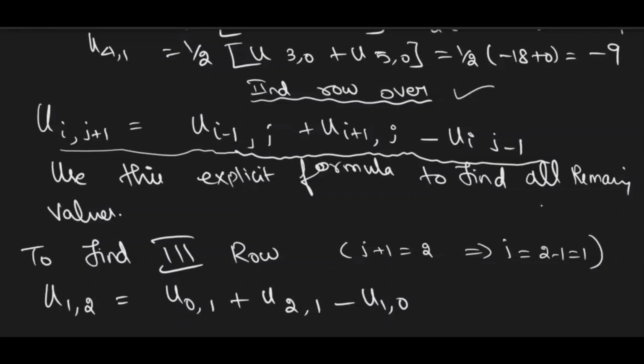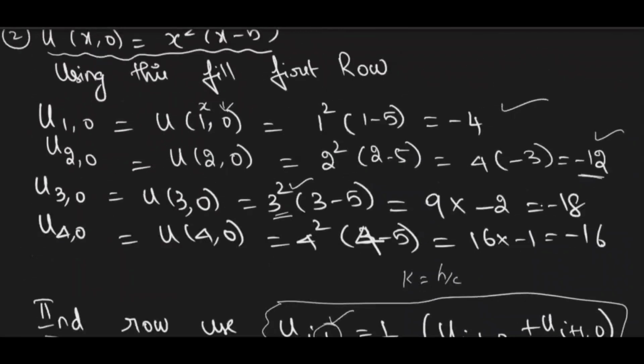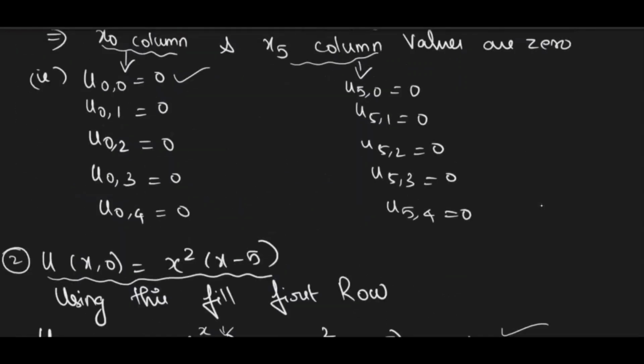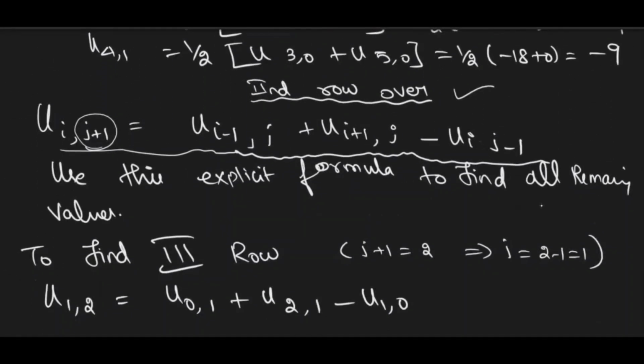In the third row, you can see in the tabular column, the second row is over. The third row is u of 0 comma 2. In the place of the second value, everywhere we have 2, correct? So in the place of j plus 1 I have 2, therefore j is 2 minus 1, that is 1.